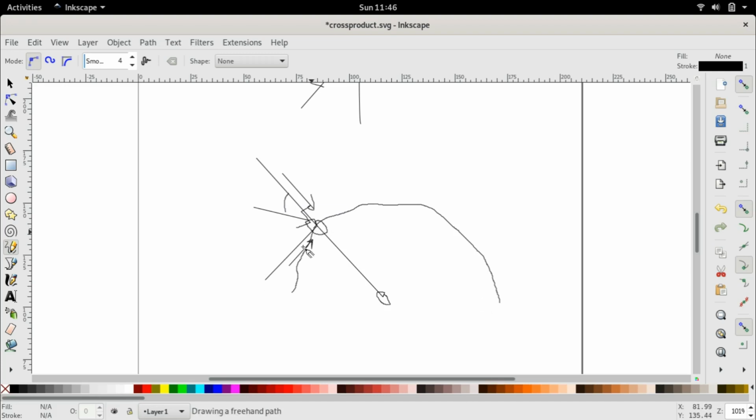Which means that if there exists a component perpendicular to the rod, and a force acts along this component, it is going to be tangential to this circle. Right? You remember this is a tangent. If I draw a component along the rod, this is a radius.